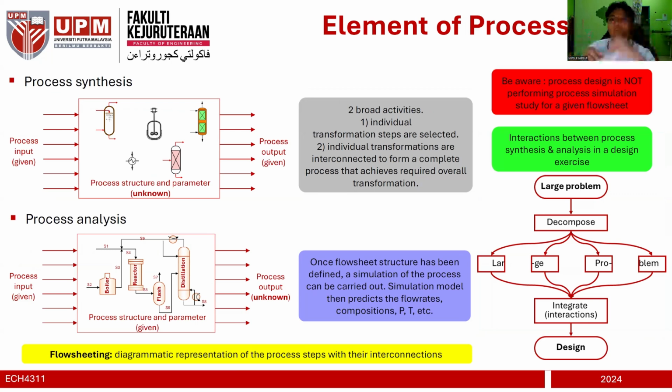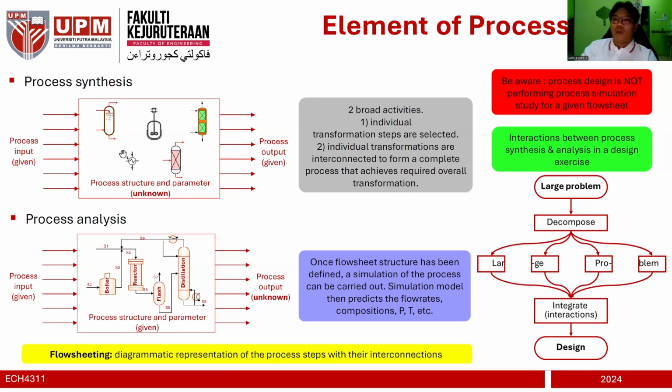Now, for process synthesis, you have your input and you also know your output, but you don't know the structure, like how can we transform raw material A into product B, for example. You don't have enough information, so you need to design a process, specify the parameters, and specify how the process units are connected in order to produce the desired output.